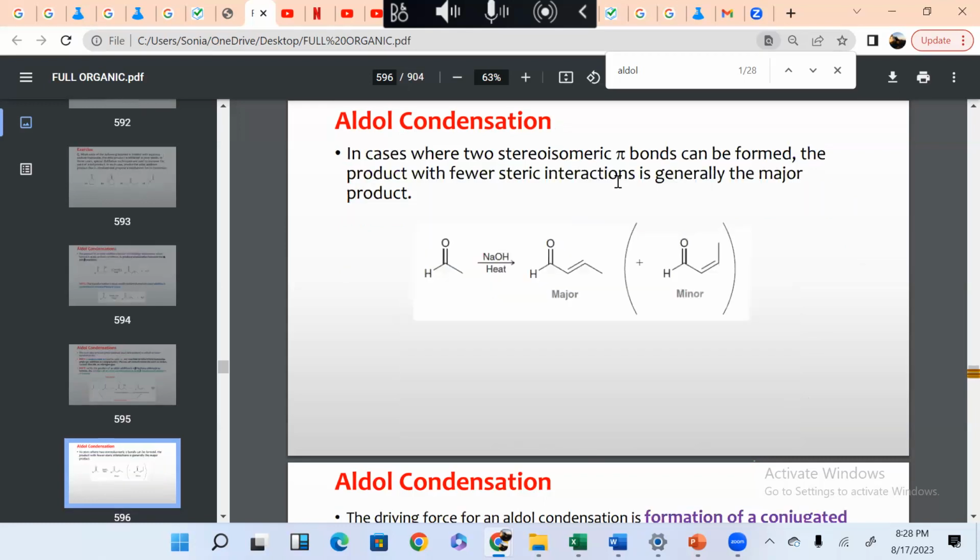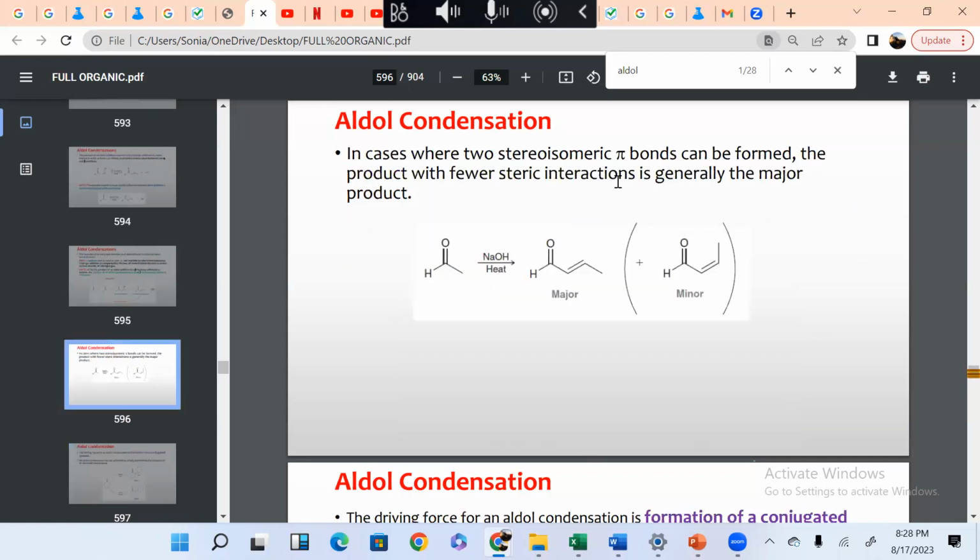In cases where two stereoisomeric pi bonds can be formed, the product with fewer steric interactions is generally the major product. So trans isomerism is what is favored. Like you can see here, there is a pi bond and these groups are on opposite sides.